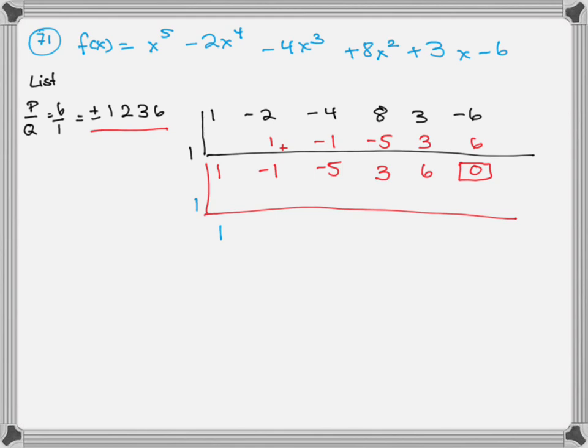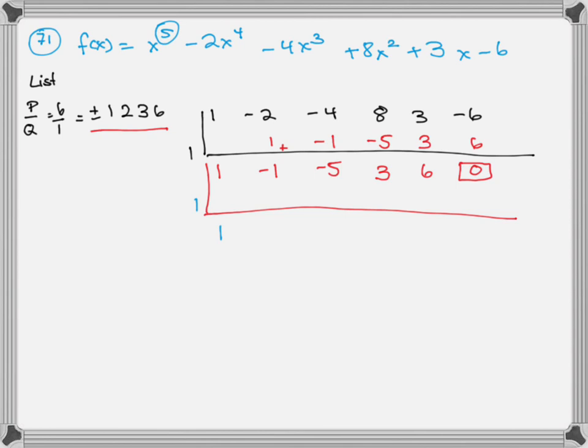Why are we doing synthetic division again? Because this polynomial is to the 5th power. We have to bring it down to something to the 2nd power. So you have to do synthetic division continuously until we get down to something we can solve.